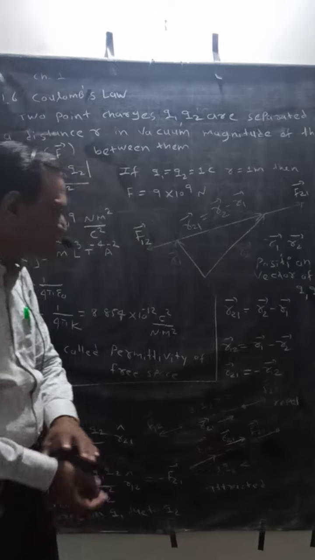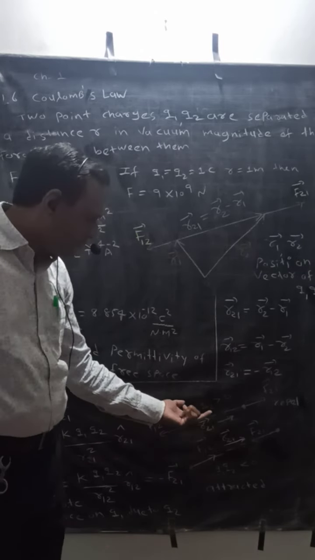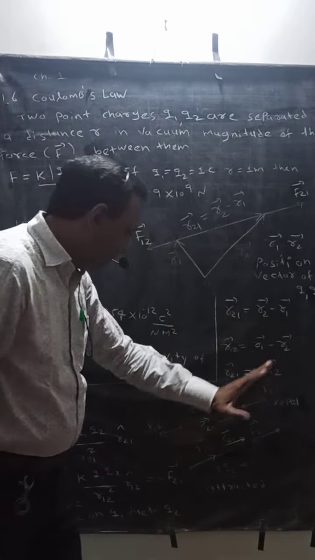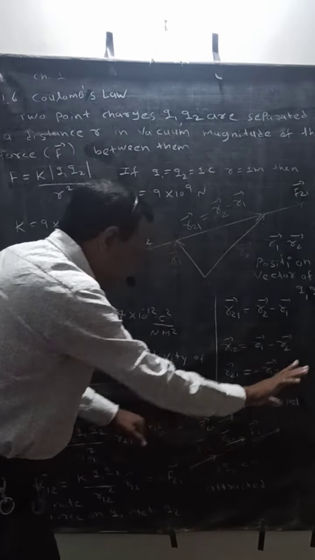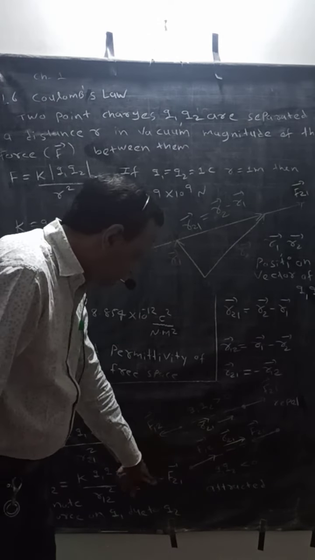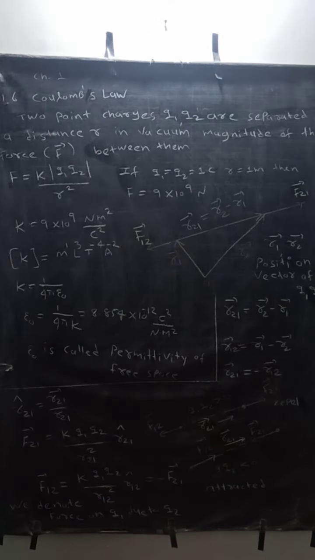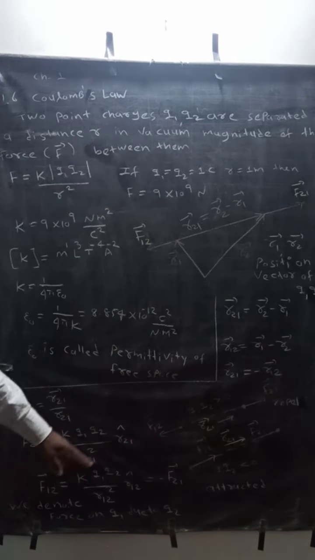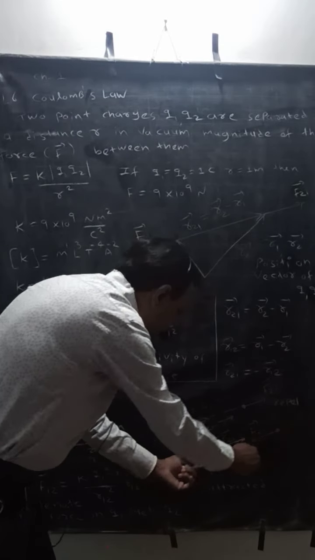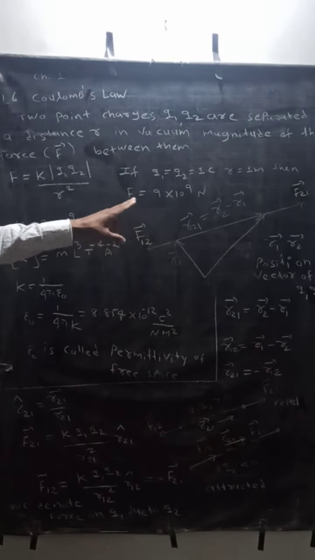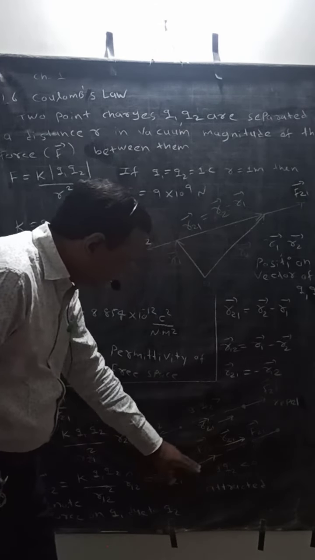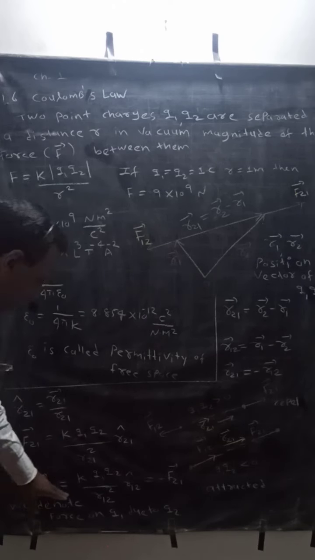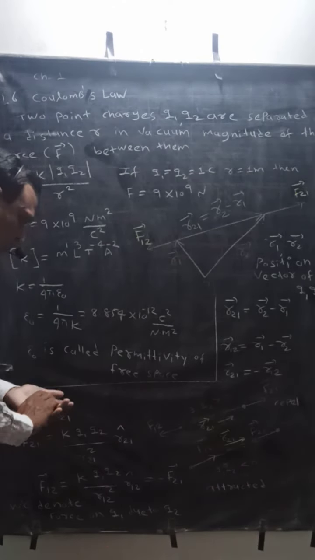Suppose Q1 Q2 is greater than 0, both are positive or both are negative, then both repel, and the force is in this direction. If Q1 Q2 is less than 0, one positive and one negative, both charges attract. In this case the force is like this, and here like this. Since one negative sign is there, the directions of these two are inverse.